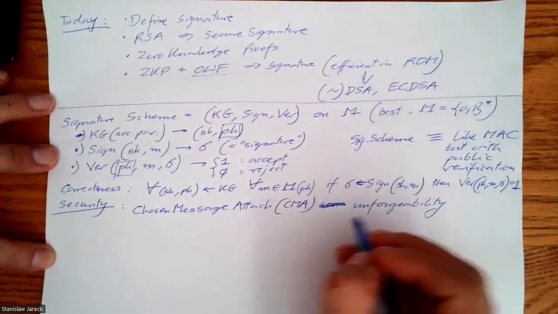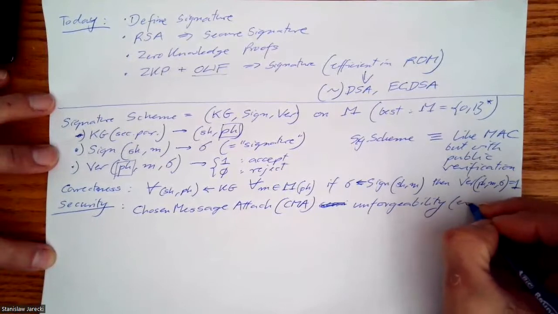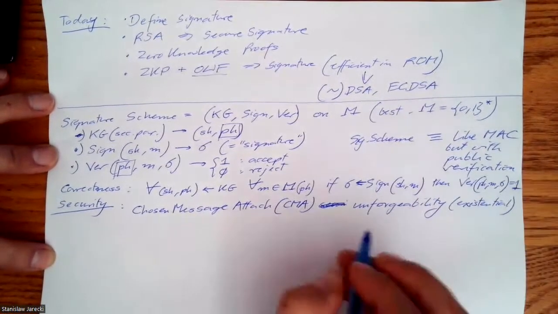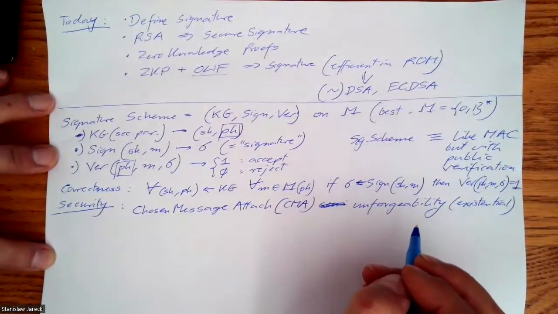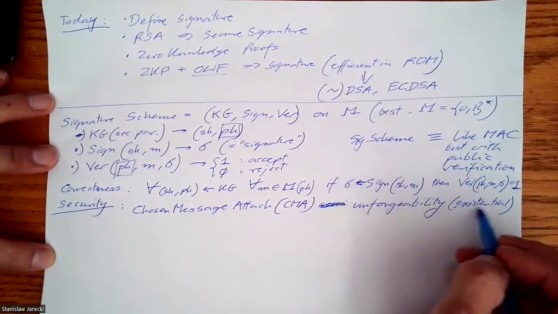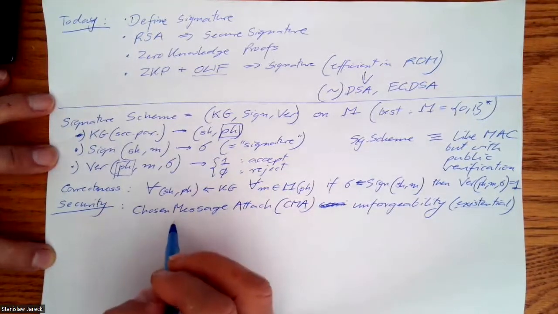And actually, this type of unforgeability also has a name. It's existential unforgeability, in the sense that you don't need to forge signatures on any particular message. Existence of any message on which you can forge signatures suffices for the attack.